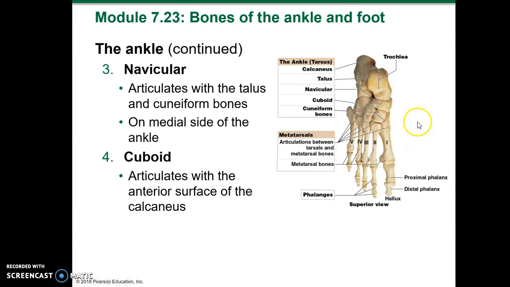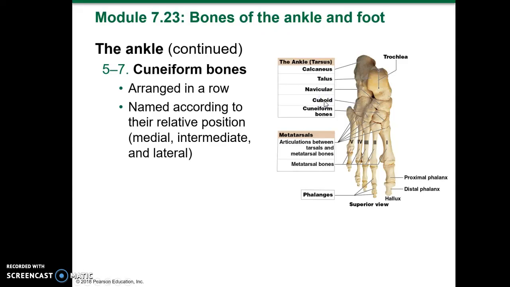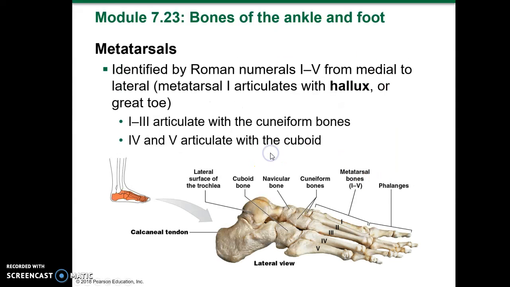And you don't have to memorize the rest of these bones, but you do have the navicular, cuboid, and then what we refer to as the cuneiform bones that are arranged in rows. We move to the middle of the foot where we have the metatarsal bones.